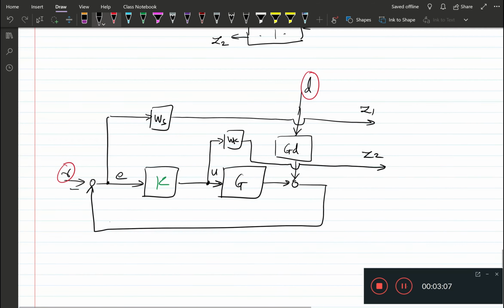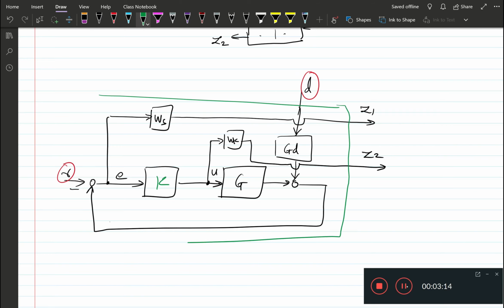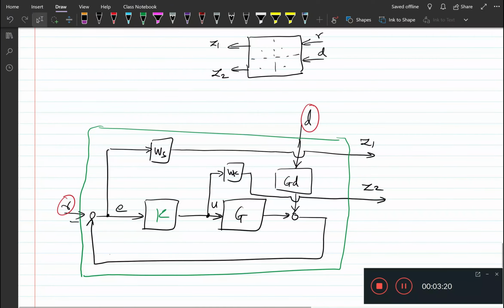So now if we draw a block around here, we would have two inputs and two outputs, and this is exactly what we see here.